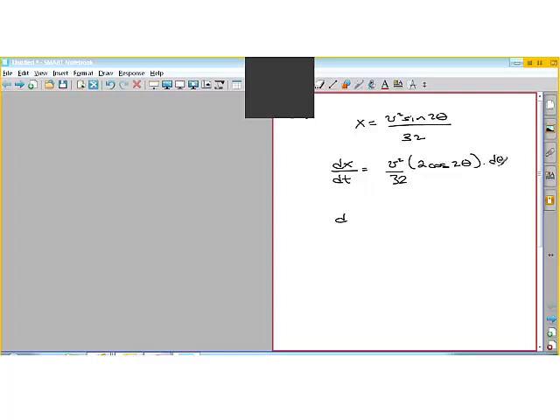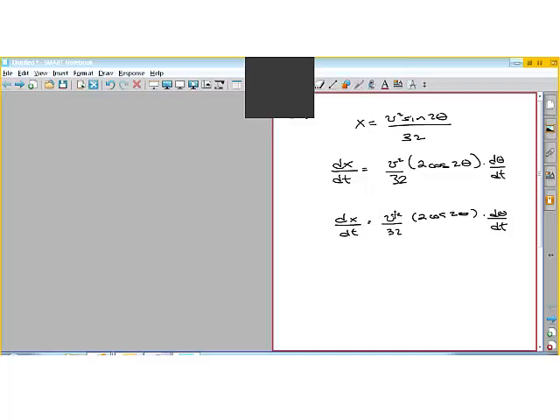And forgot d theta dt. So we have dx dt is equal to v squared over 32 times 2 cosine of 2 theta times d theta dt.